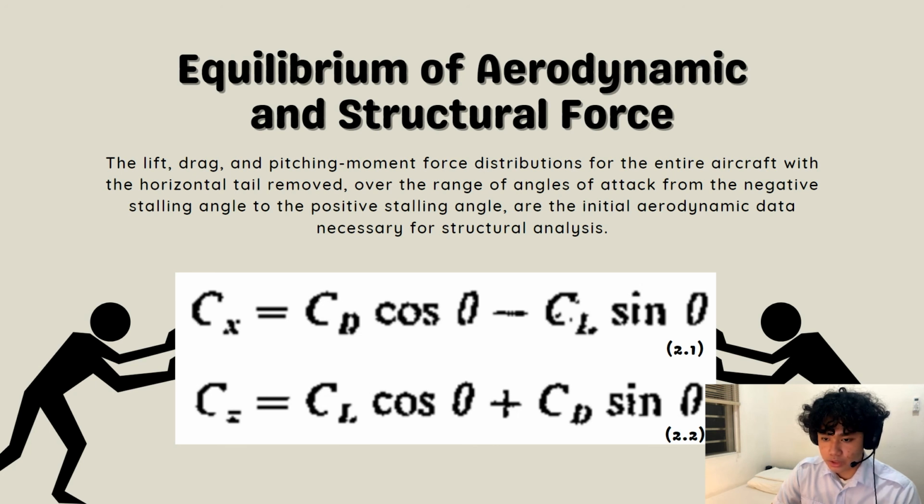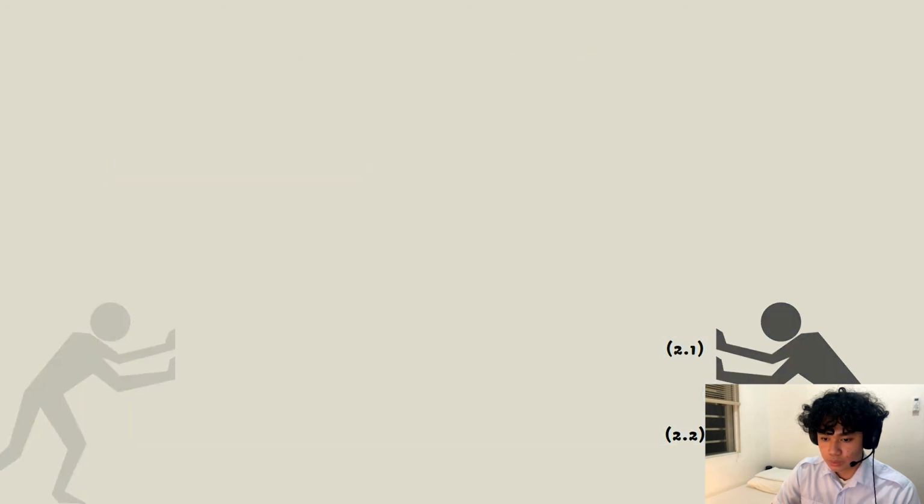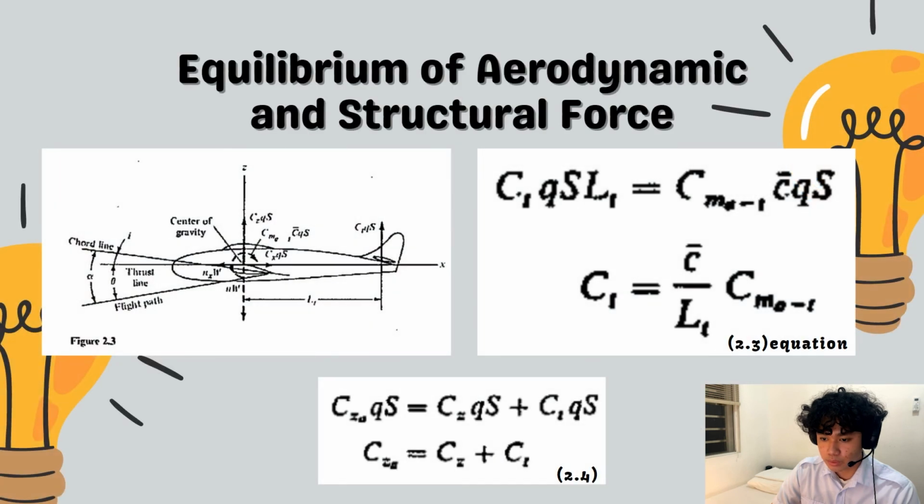The angle is measured from the flight path to the x-axis as shown in Figure 2.3 and is equal to the difference between the angle of attack and the angle of wing incidence. The balancing air load on the horizontal tail, C sub t qS, is obtained from the assumption that there is no angular acceleration of the airplane.